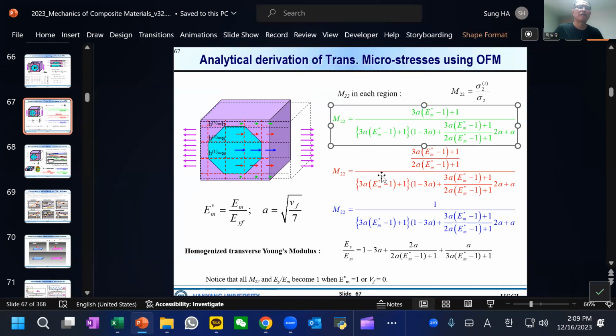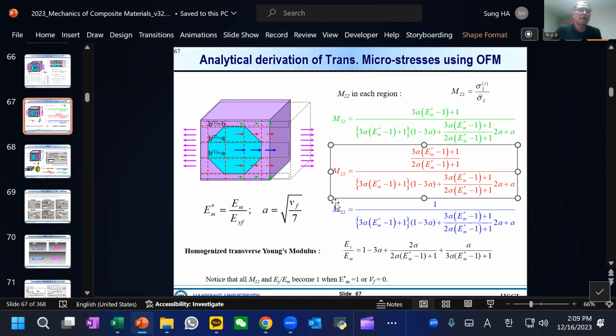Now look at this stress concentration. This can be defined in terms of constituent material properties, resin property, and fiber volume fraction, etc. This is very useful to derive the stress concentrations.